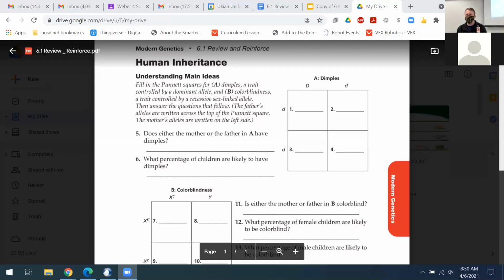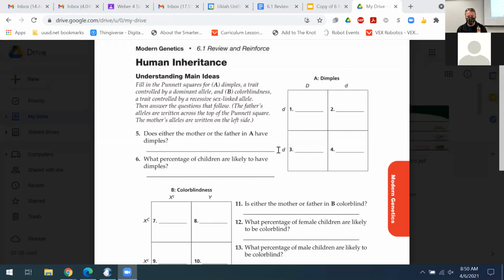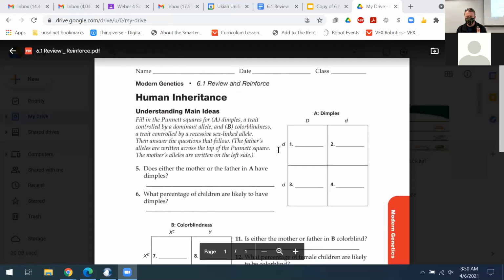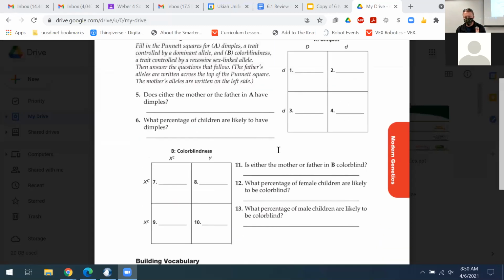Okay, so focus. What you guys need to do now, in either the online or the physical packets that you have in front of you that I gave you the week that we went on break, 6.1, it looks like this. This is the second page.